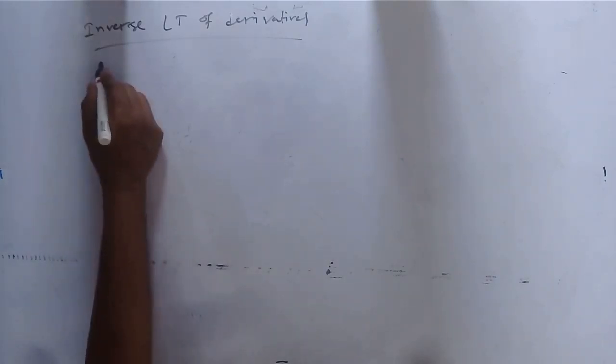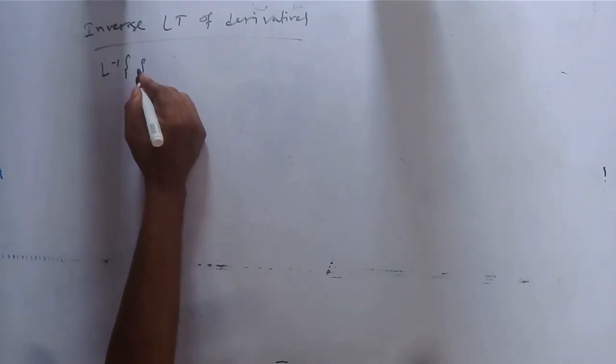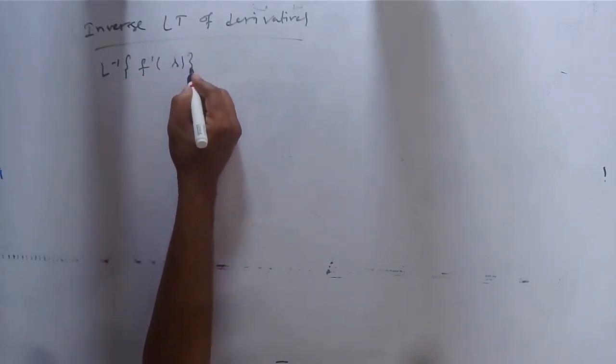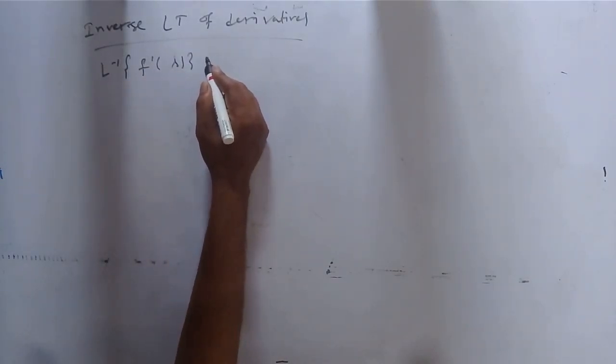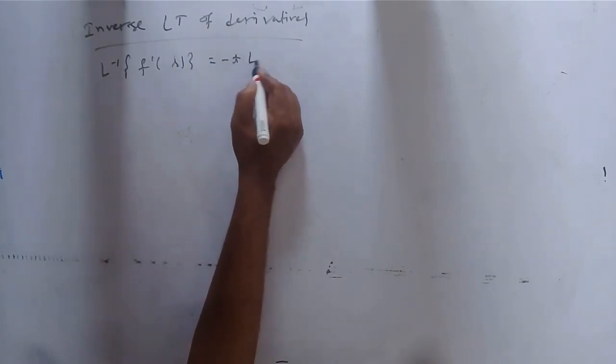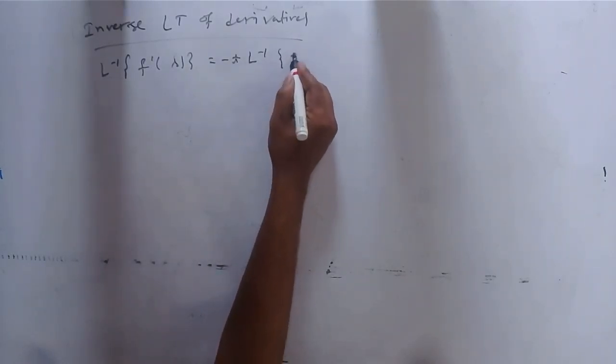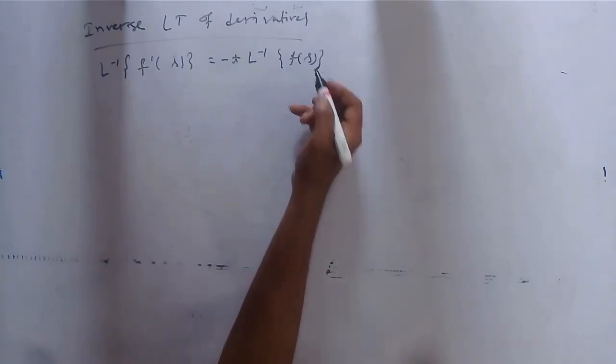So the statement is, for the first order derivative, L inverse of F dash (s) is equal to minus t L inverse of F(s). Okay.